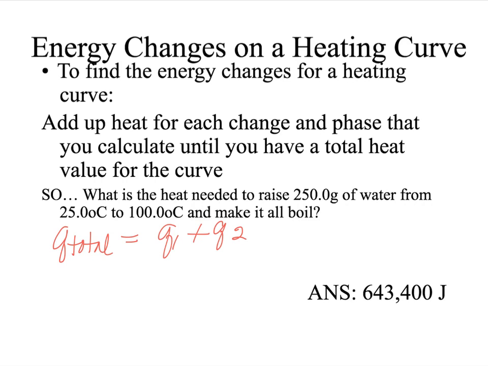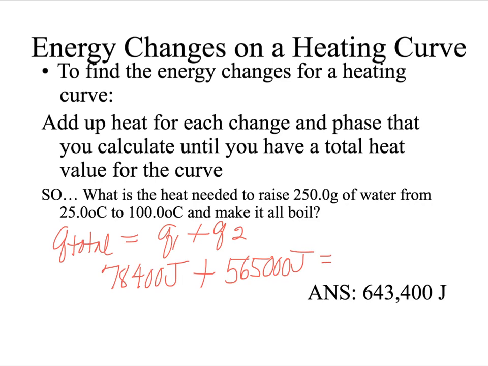We calculated the change from 25 to 100 on the very first slide we did in this lesson, and we found it to be 784,000 joules. Then on the previous slide, we calculated how much energy is used at phase change, and we got 565,000 joules.